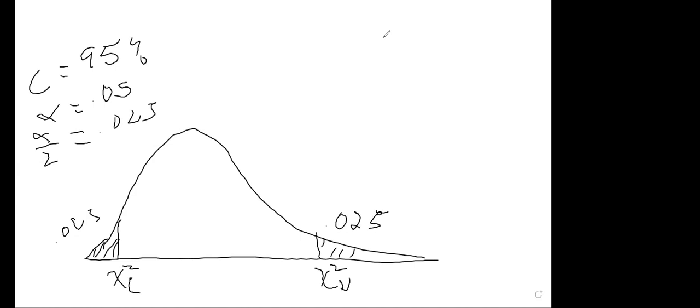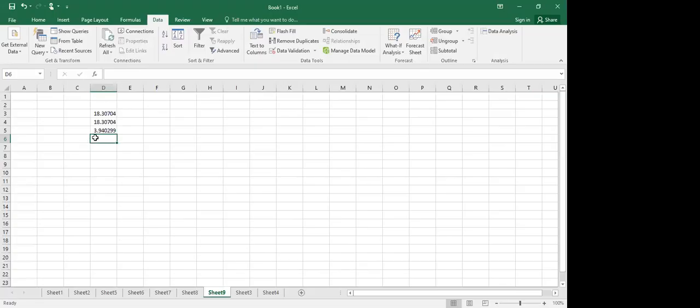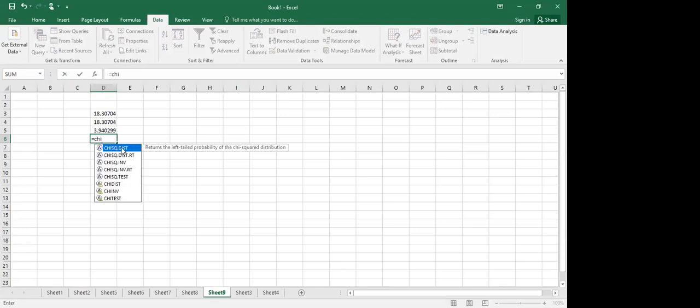The chi-square is generally a right tail. But if you are using Excel, Excel will make the distinction between right or left. So we want to know what these two numbers are. We go to Excel, and we type equals chi-square distribution right, which will give us the value for the right tail. That right tail was 0.025.